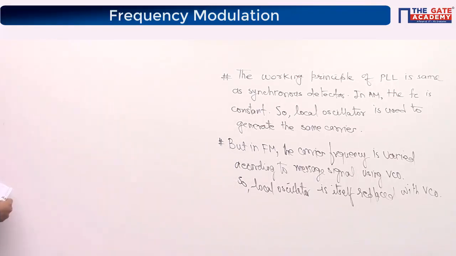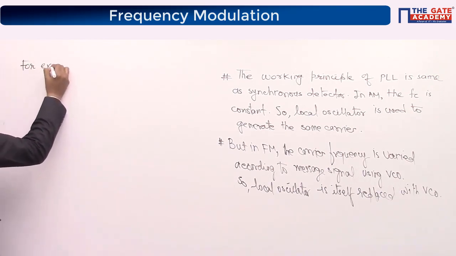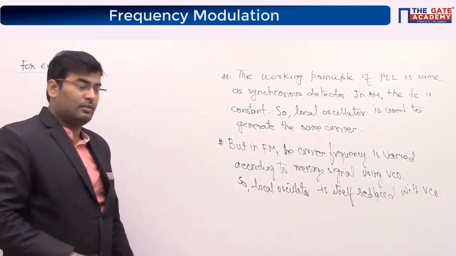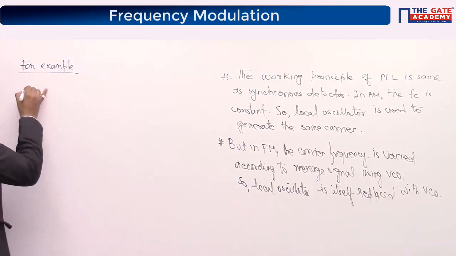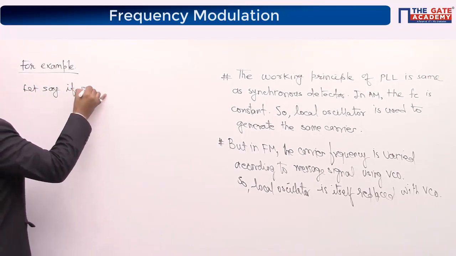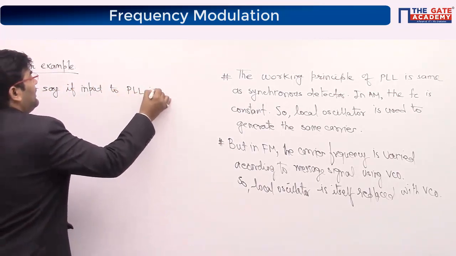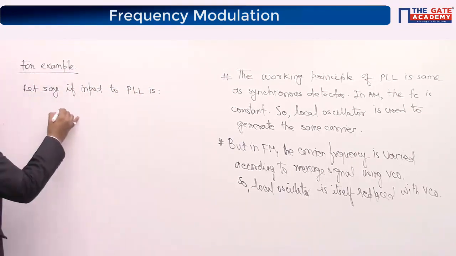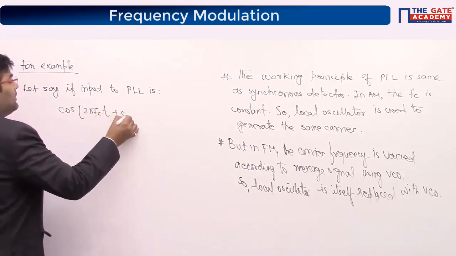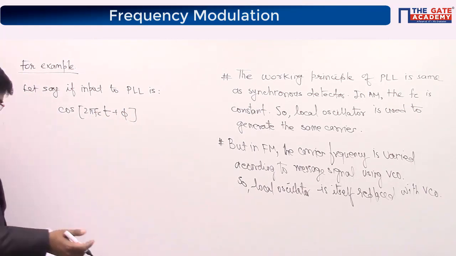I want to give an example. For example, it's an intuition, so how does it give you the message? Okay? So let's say if the input to the PLL is cos 2 pi FCT plus phi. See guys, I have not taken a standard FM signal, I've just taken something.